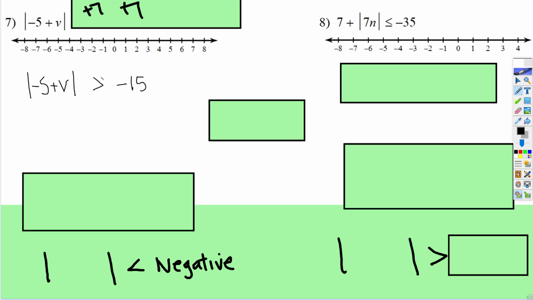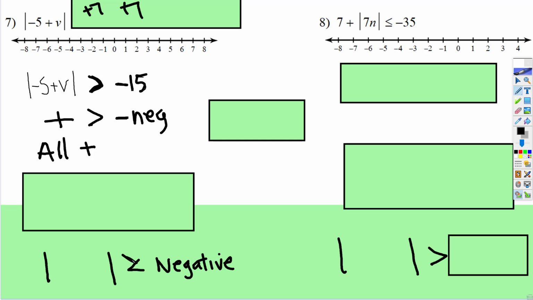When you have absolute value is greater than a negative number, well, if distance from 0 is always positive, is a positive number always greater than a negative number? So all positive or all reals would be a way to say that.